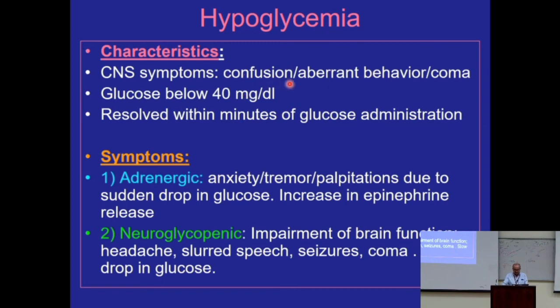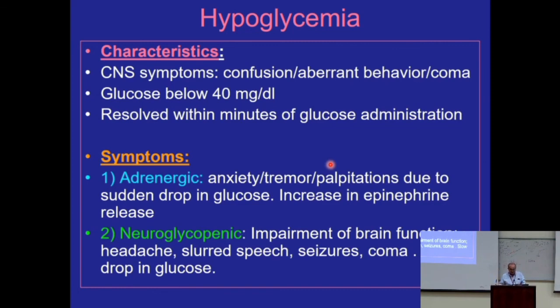And usually the body can respond in one of two ways. So the first symptoms are called adrenergic symptoms. So you get anxiety, tremor, palpitations. That's the brain telling you there's not enough glucose in the bloodstream. And usually the release of glucagon and so on ensues.